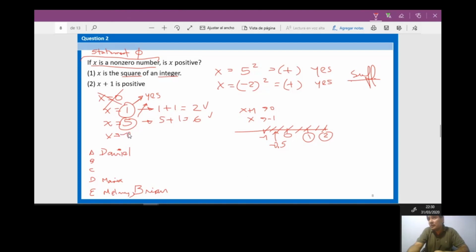If you plug in this value, negative 0.5 plus 1 is 0.5, positive, right? But this allows us to answer no to the question, because negative 0.5 is not positive.